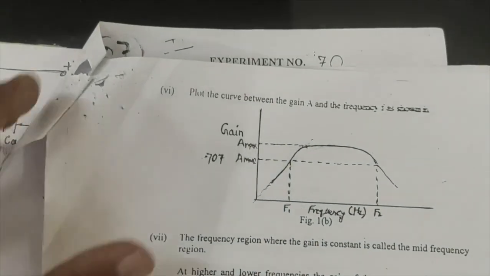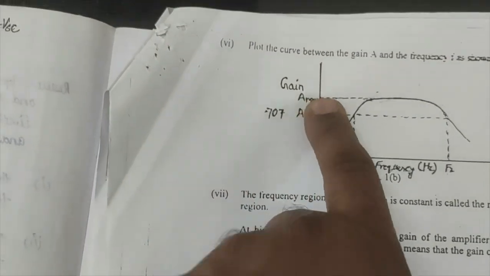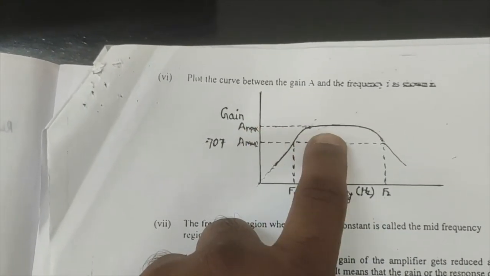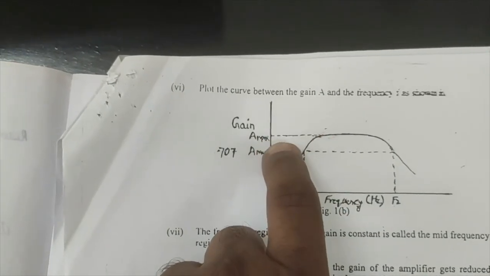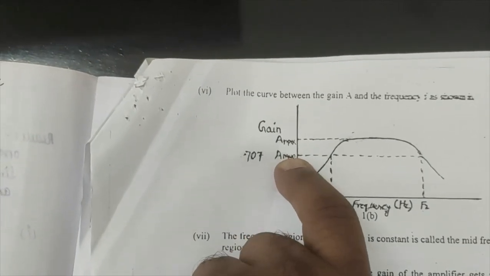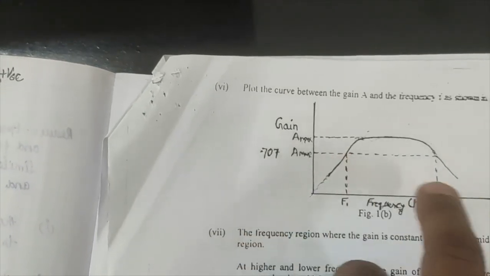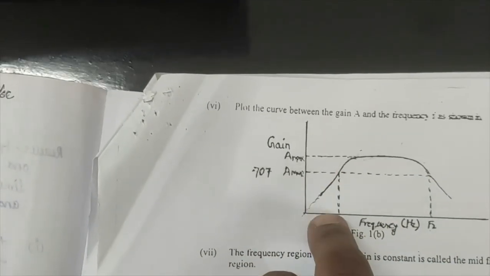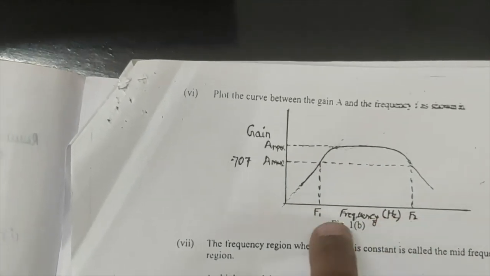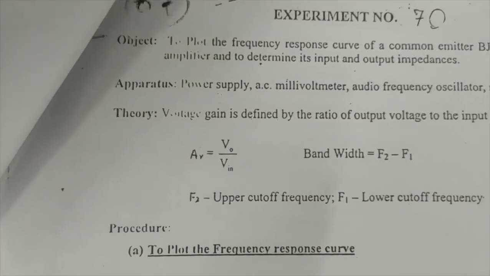After doing this, this is the maximum gain, the flat region. We have to multiply it by 0.707, and at the value of the gain you get, you draw a line. Where the line cuts the lower frequency range and the higher frequency range, you come down to the frequency scale, and this f2 minus f1 will give you the bandwidth.